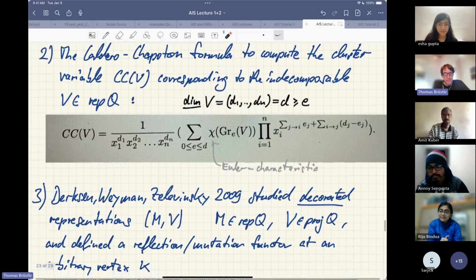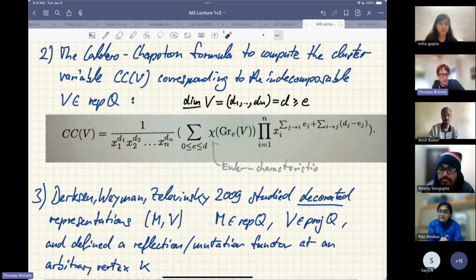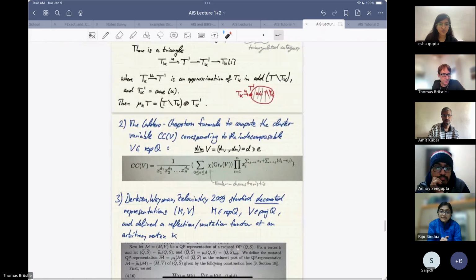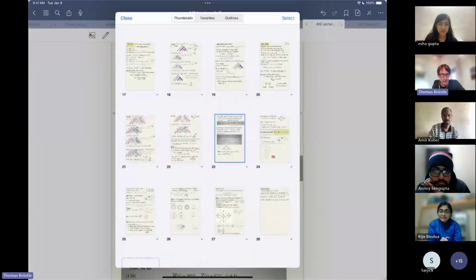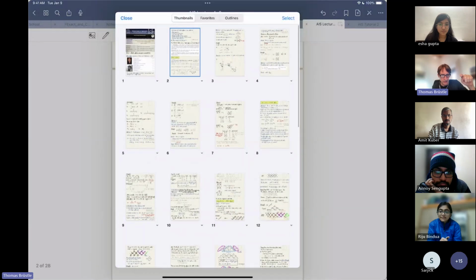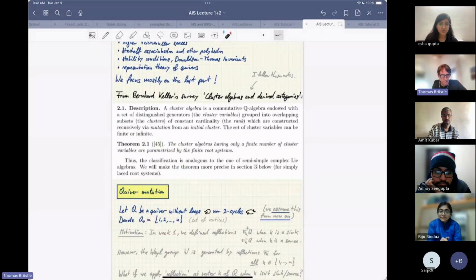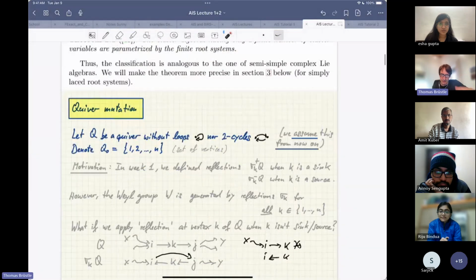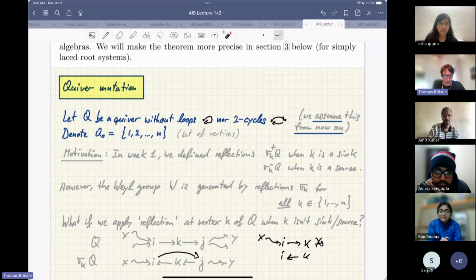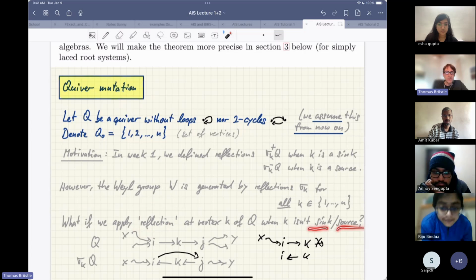and then one of my original motivations for this week, Monday, was that we defined reflections when we have a sink or a source.